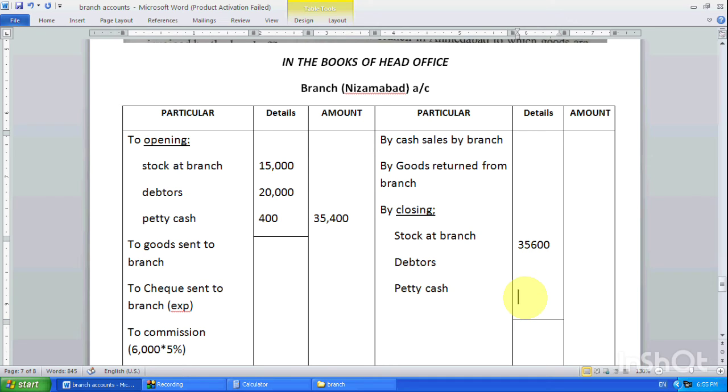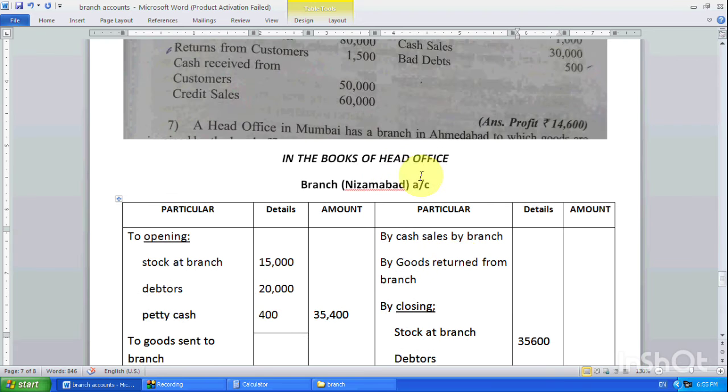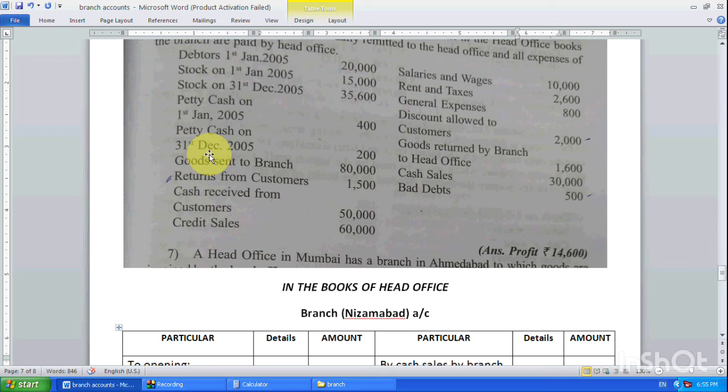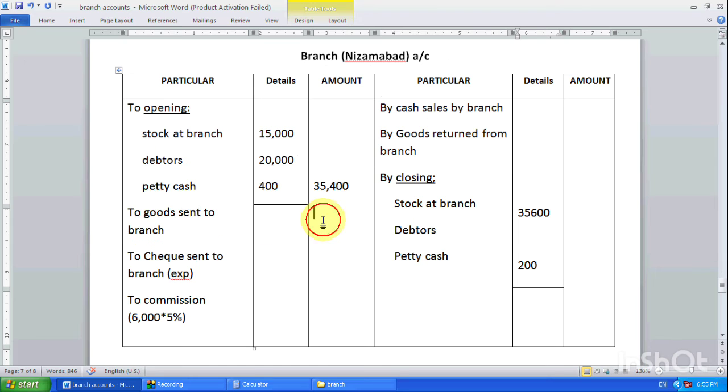Here 200 is petty cash closing, sorry, it's 200, not 100. So we have written closing stock also. Let's go to goods sent to branch. So goods sent to branch is 80,000.